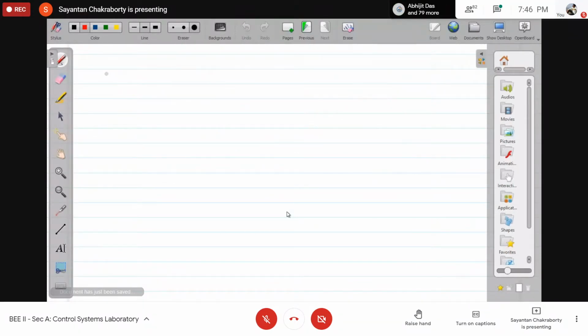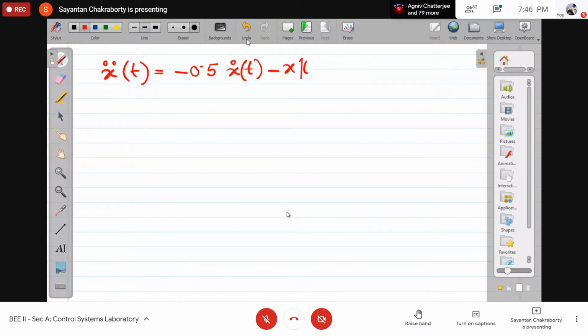If you write down the equation, I can write x double dot t in this manner, just by putting the things in order.